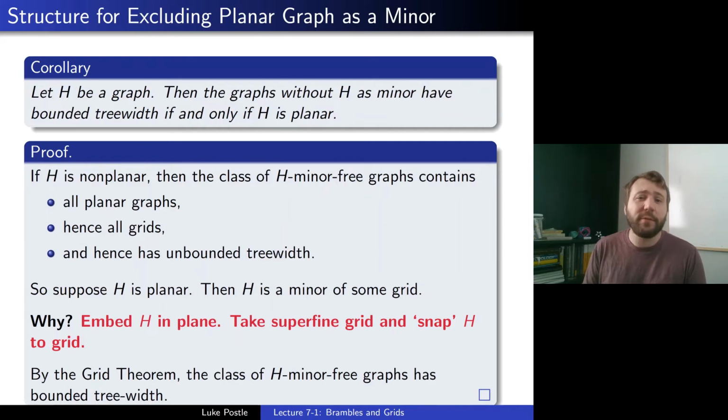And then number two, similarly, it shows you that when you exclude non-planar graphs, you're going to get these planar graphs in the class, and so maybe the structure of planar graphs is that they are planar, that there's really no better description.